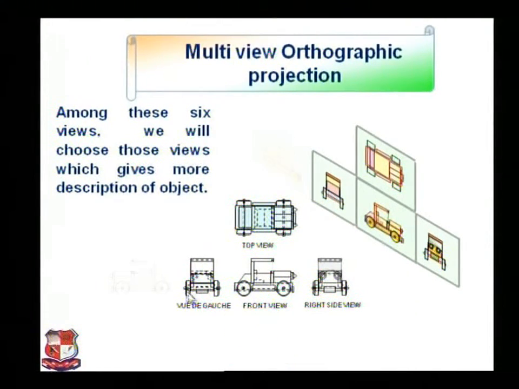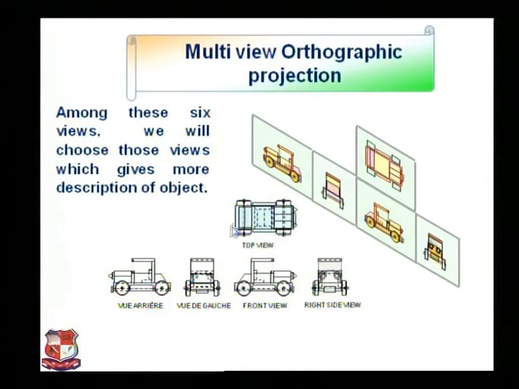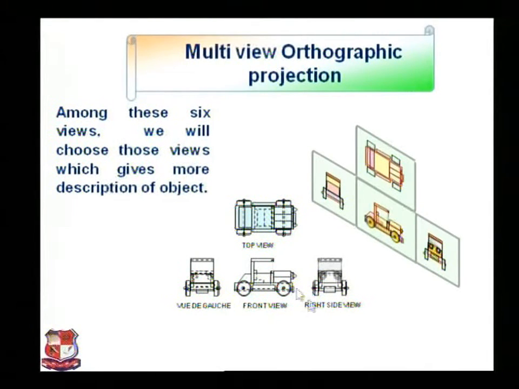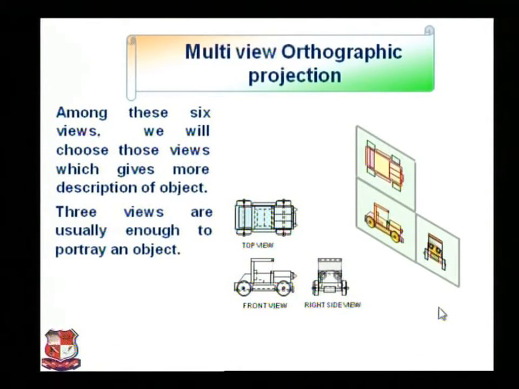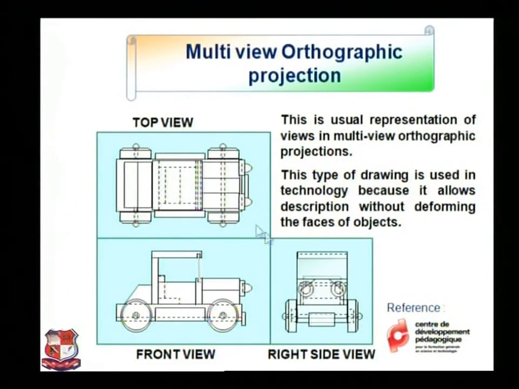Similarly, this rear view is also not important because the front view is there, so we can erase that. Similarly, from these 2 side views, this view is not important, so we can erase. So these 3 views are enough to represent this drawing. 3 views are usually enough to portray an object.